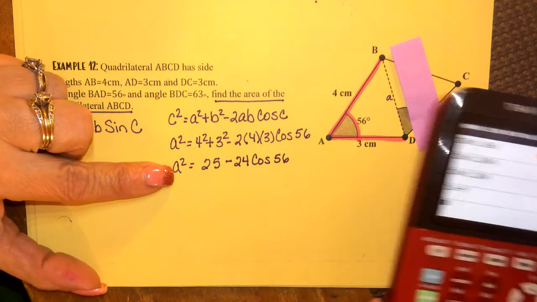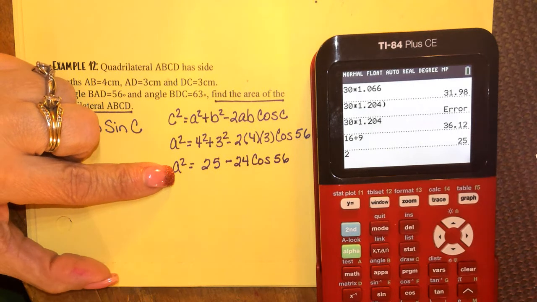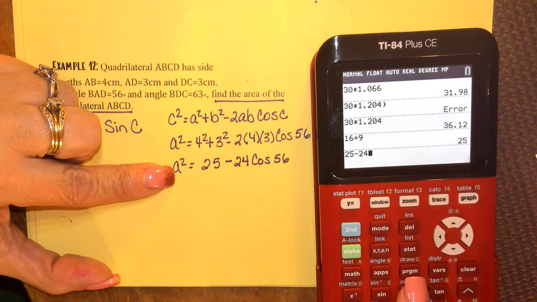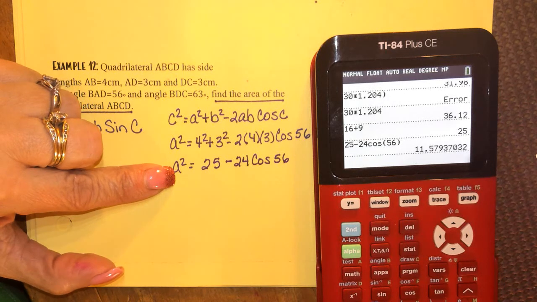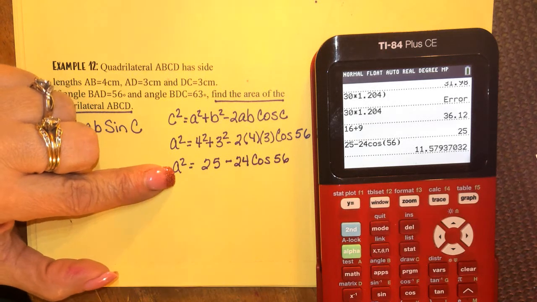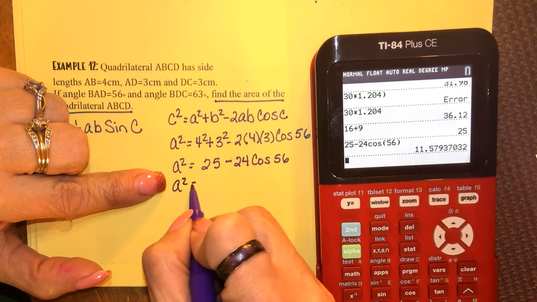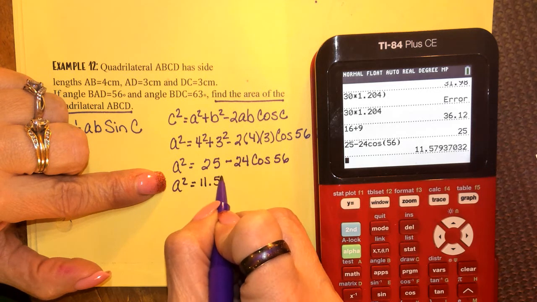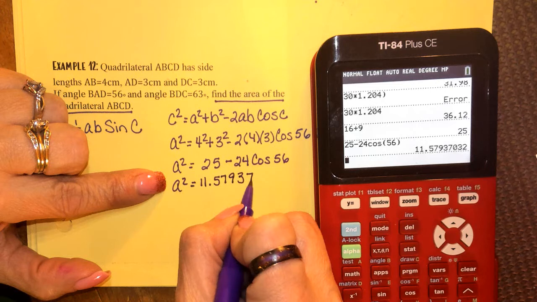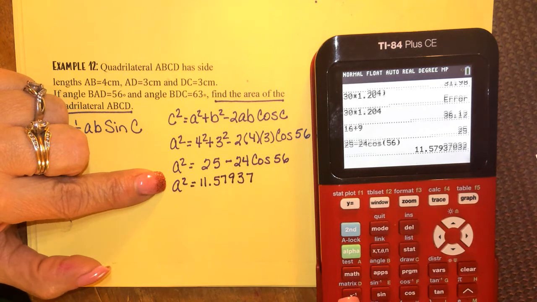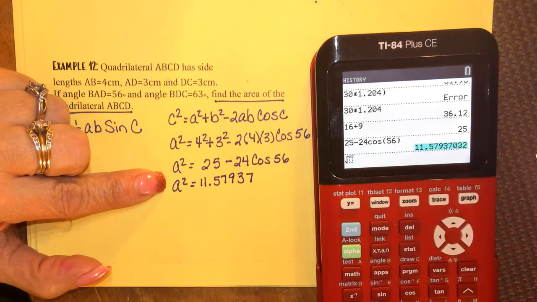This is just a number value, so I'm going to do that all together: 25 minus 24 cosine 56. And I got 11.579. So a squared equals 11.57937. Take the square root of that number.